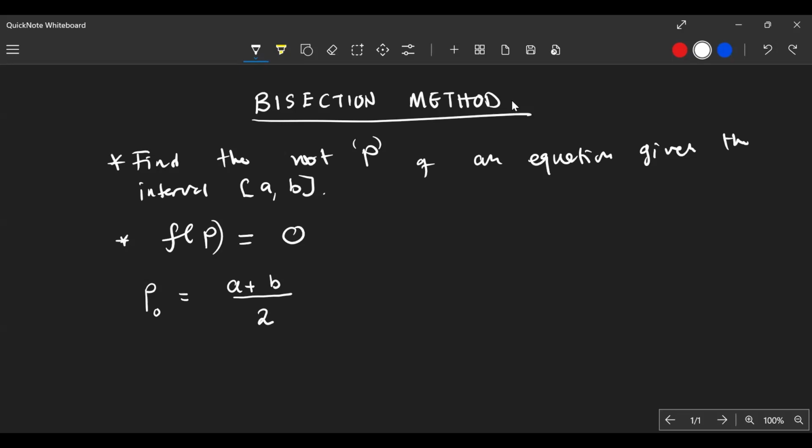Once you find this P naught, you substitute it in your function.